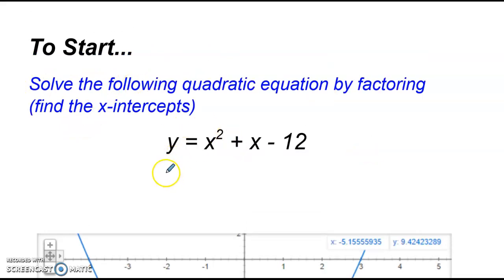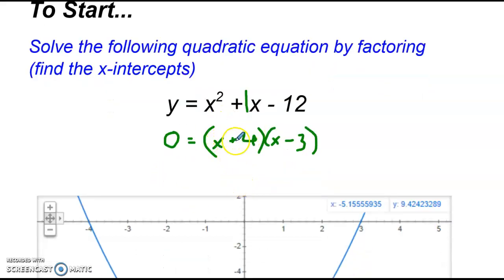So I would say, okay, if I set y equal to 0, if I'm trying to find out what those intercepts are, and then I factor this, well, factors of negative 12 that add up to positive 1 are going to give me x plus 4, and then x minus 3. So we take this polynomial and we factor it, and then we would set each of these factors equal to 0 and find out what our x-intercepts are.